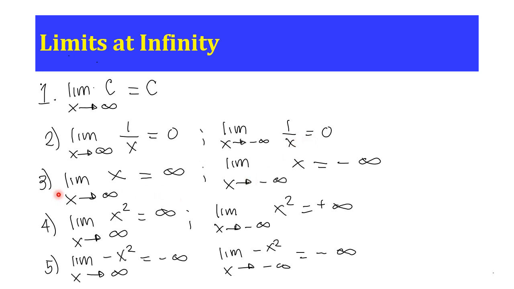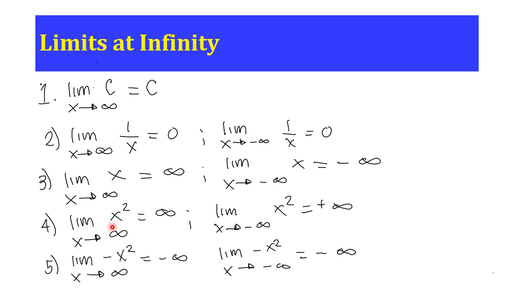Number 3. The limit of x as x approaches positive infinity is equal to positive infinity. And the limit of x as x approaches negative infinity is equal to negative infinity. Number 4.